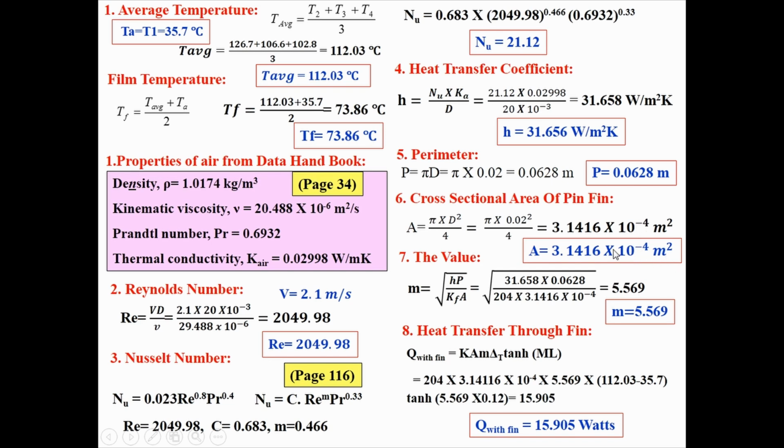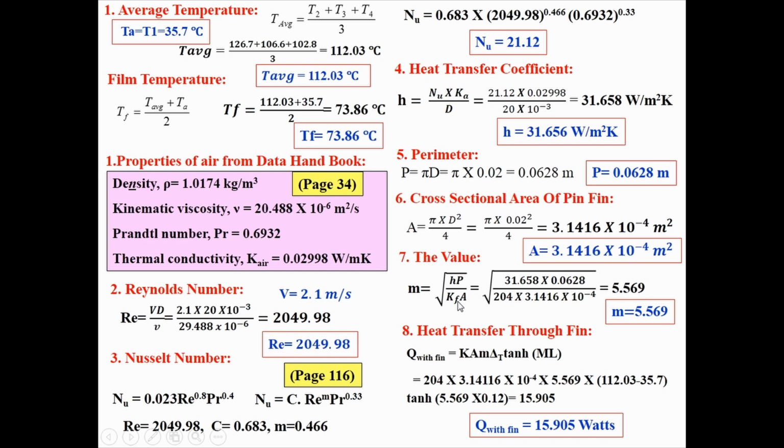Once you know the value of A, you can easily calculate the m value. m is equal to square root of hP divided by k_f A, k suffix f into A. h is already calculated, 31.656. Substitute here. Then P is the perimeter, which is also already calculated. Substitute, and divide by the thermal conductivity of the fin.